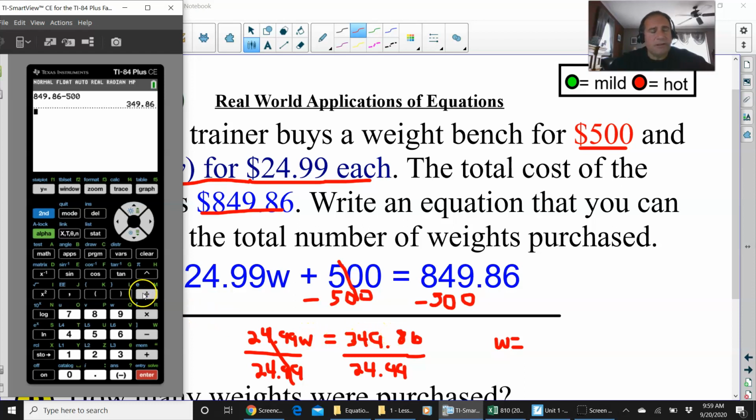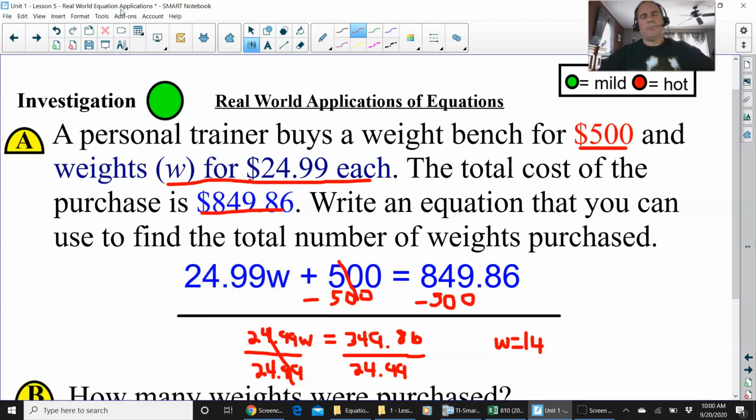So all I want you to do is press divide, and this calculator takes the answer and it's ready for you to input what you want to divide it by. And in this case, it's $24.99. So in this question, you bought 14 weights.